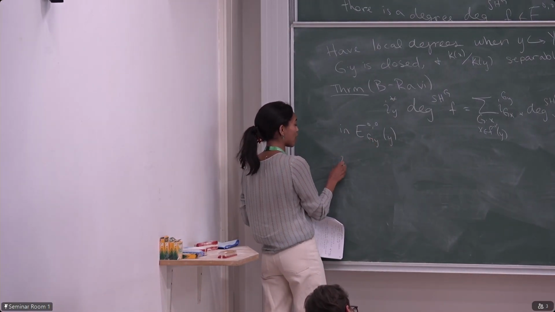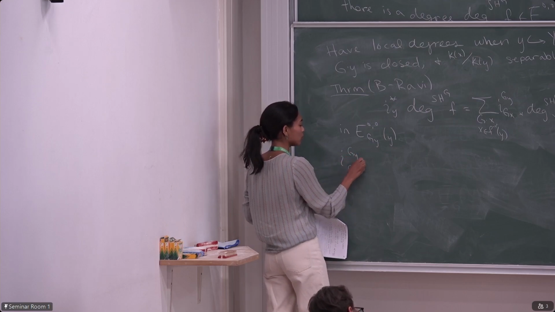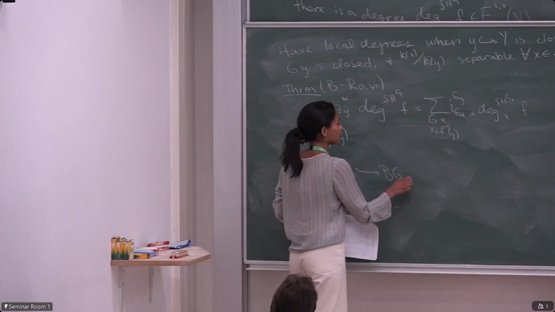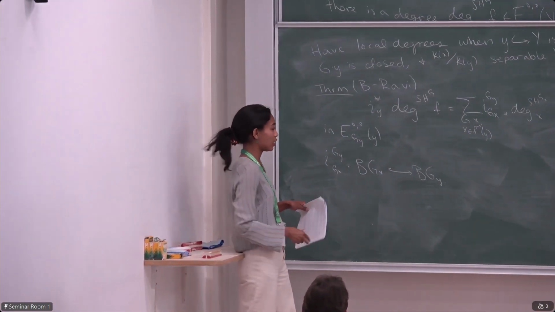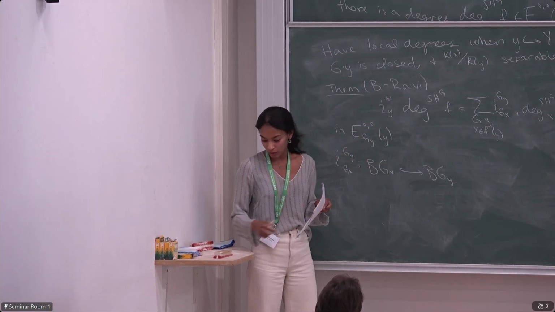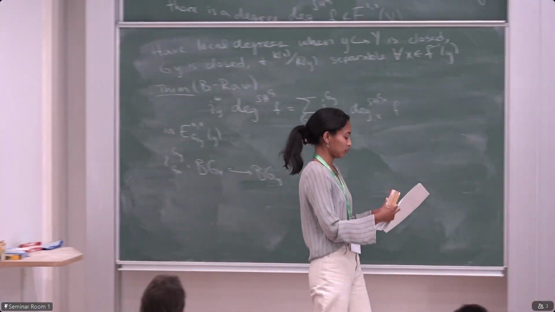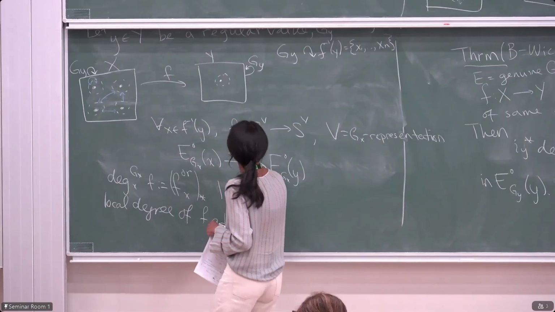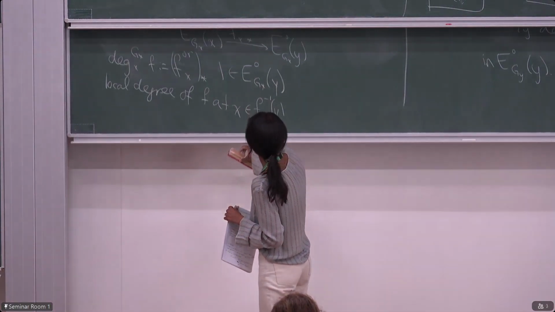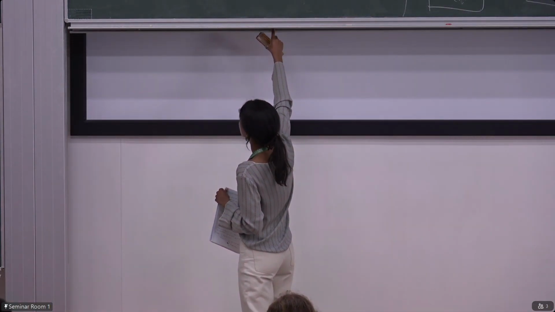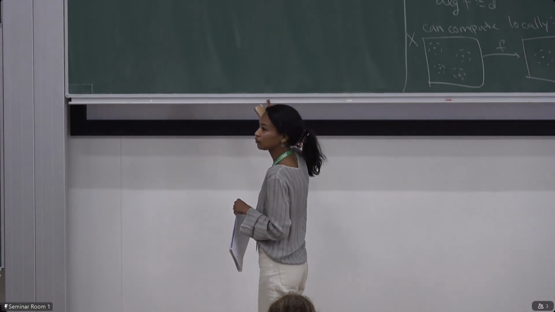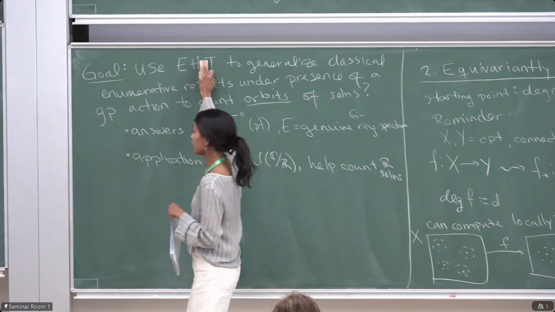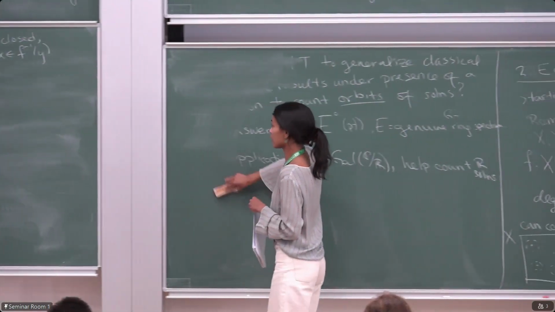But you want to think about that as the inclusion, and you want to push forward along this map in cohomology to get the right kind of transfer to make this formula work.